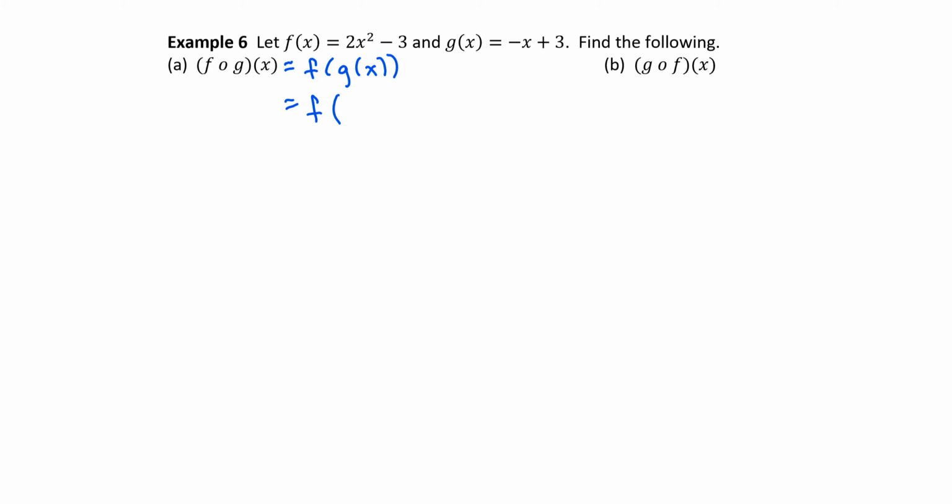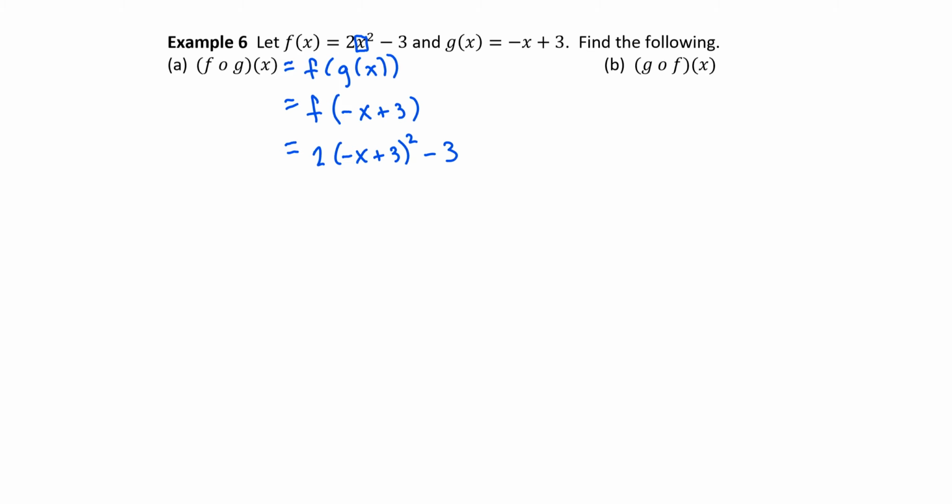So I'm going to start by replacing g of x with its rule, -x plus 3. Then I'm going to take that argument, -x plus 3, I'm going to plug it into the function called f where I see the variable. So -x plus 3 lands in the blue box. Looks something like this. Our job now is just to simplify.